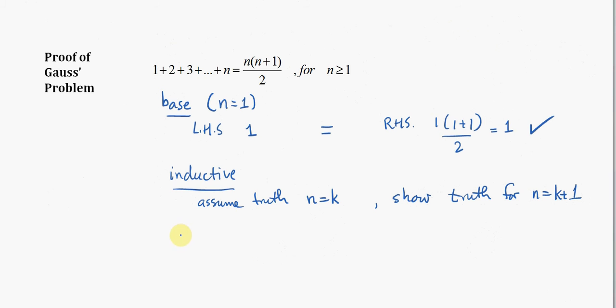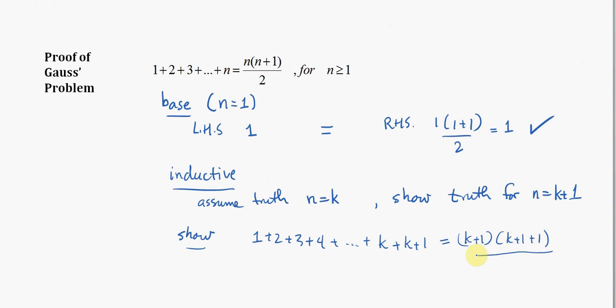So we want to show that 1 plus 2 plus 3 plus 4 plus ... up to k, and then one more step up to k plus 1, will be equal to, substituting k plus 1 in for n, k plus 1 times the quantity k plus 1 plus 1, all of this over 2.